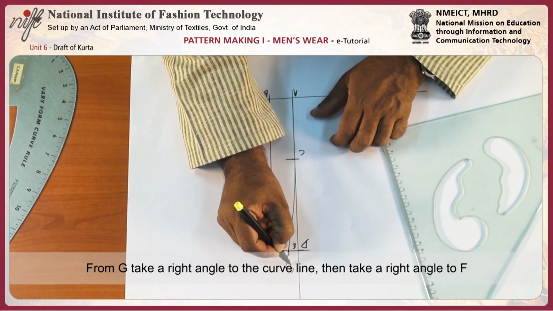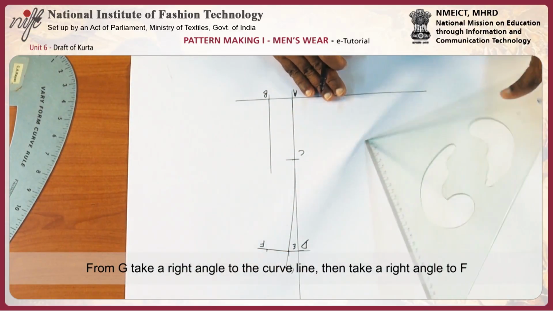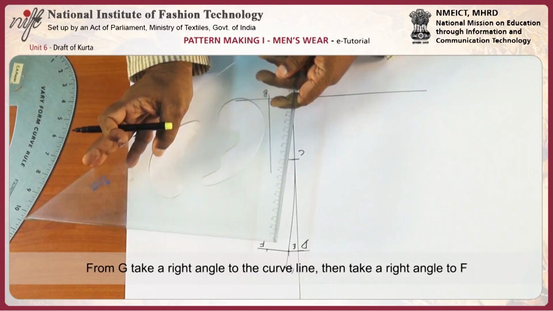This is point G. From G again take a right angle to the curve line.